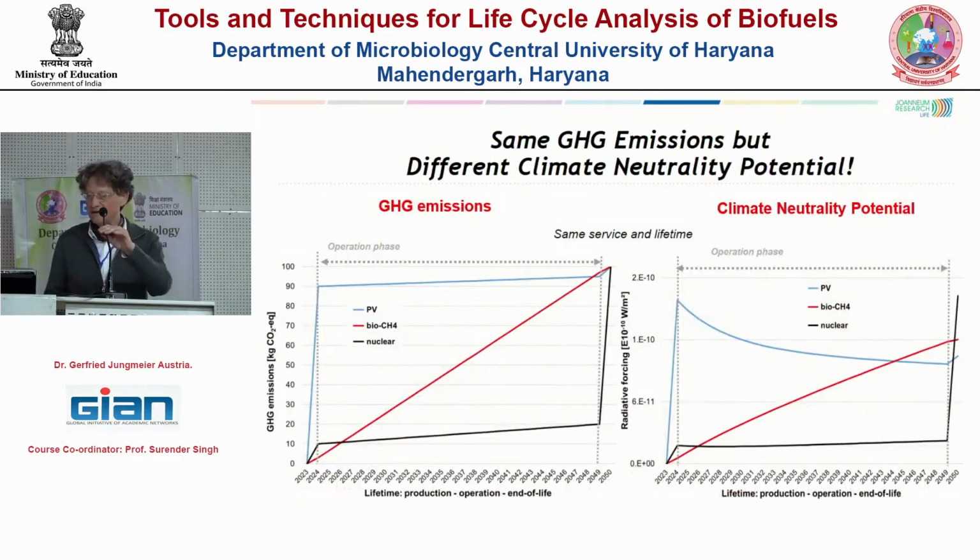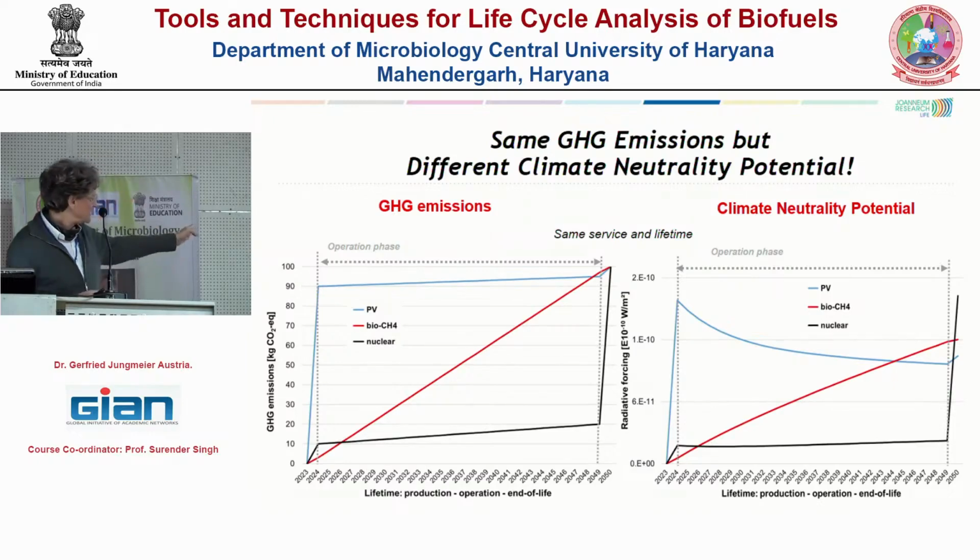I'll show you why the climate neutrality potential is something different from the greenhouse gas emissions. You see here on the left-hand side three different systems making electricity. One is photovoltaic, one is biomethane, one is a nuclear power plant. You see the first time they are erected, then they have the operation phase, and then the end of life.